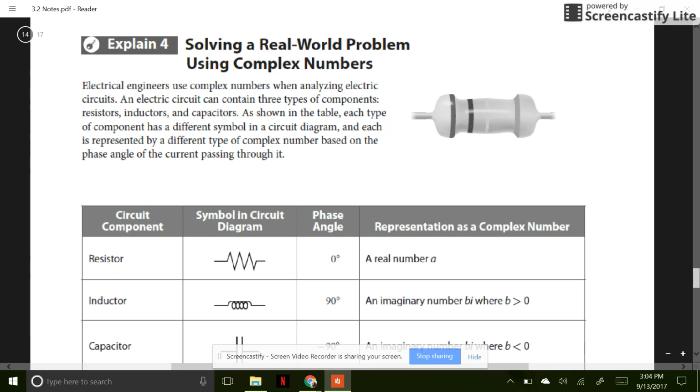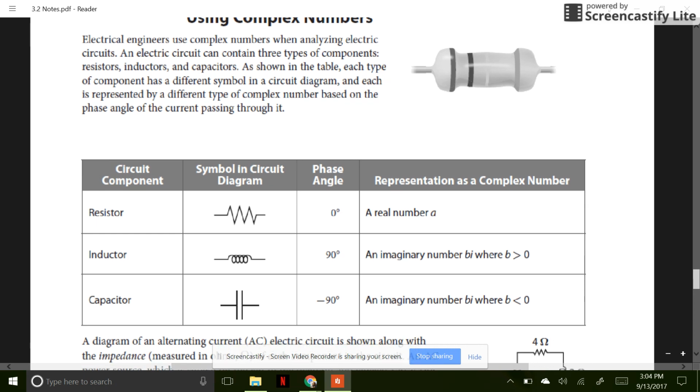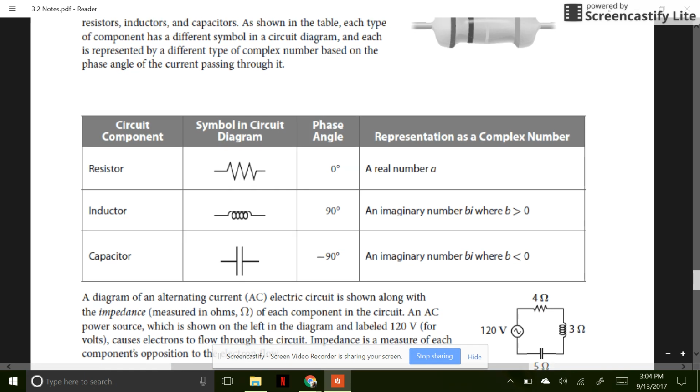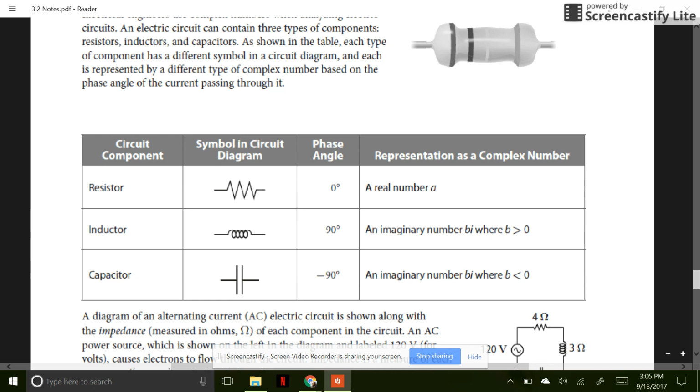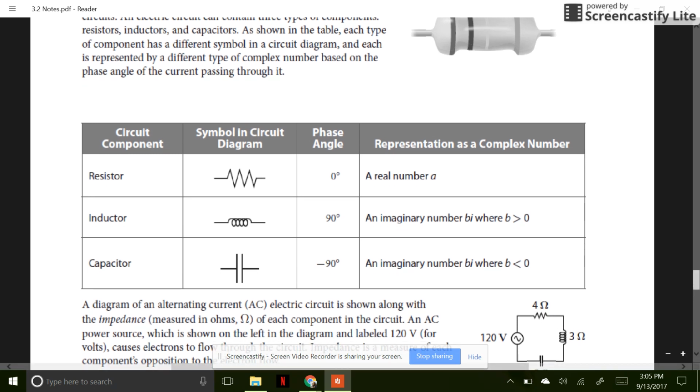So we can actually use these in talking about electric circuits. I actually did these in college. So there's some types of components that have different symbols in a circuit diagram. There's a resistor. So when we talk about a resistor as a complex number, it's just going to be a real number a. That's the resistance it's applying. The inductor here in the middle is going to be imaginary number bi, where the b is greater than 0.